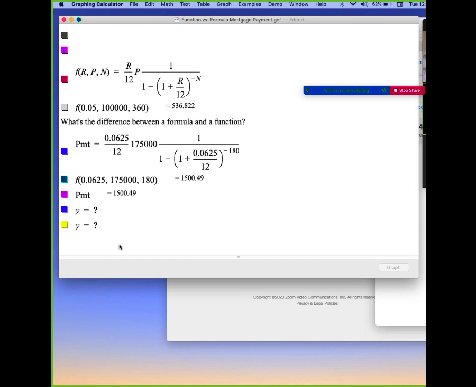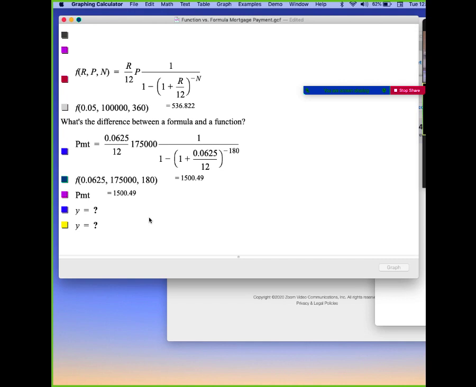So this is just a little extension of what's in your homework. So what should I do? Richard? Do we have set values for these values? Yeah. For a 6.25% interest rate and a $175,000 loan, I want to know what my payment will be for different lengths of the loan, right?